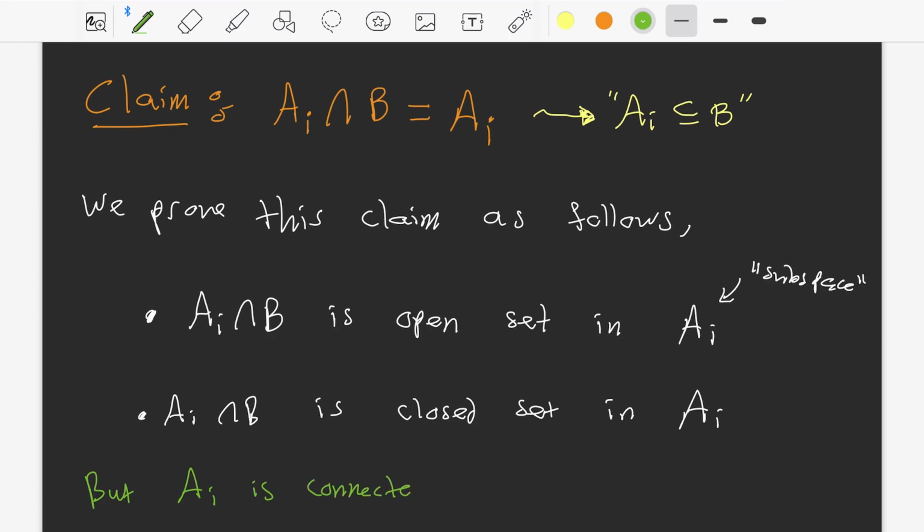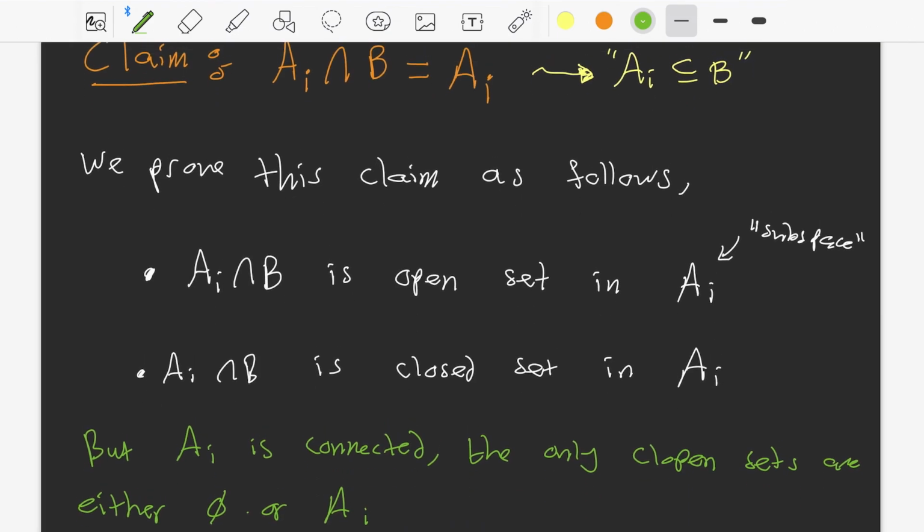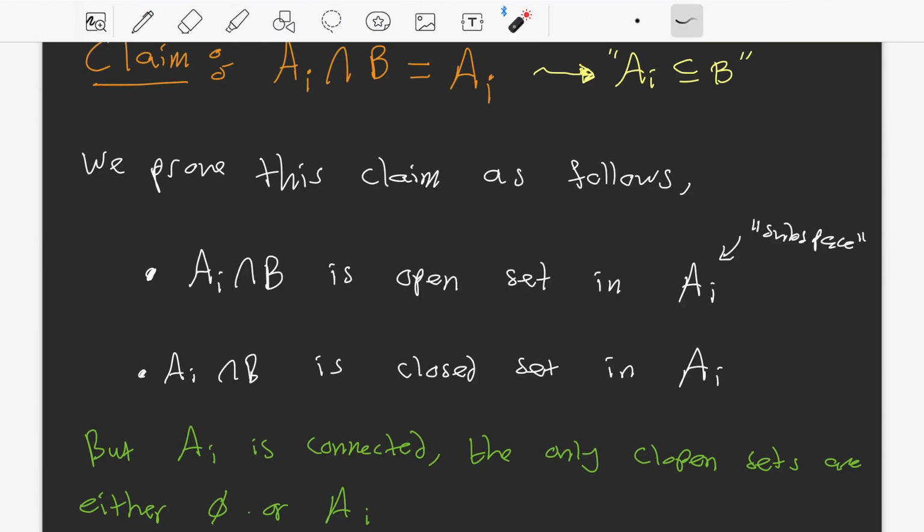So if we have a connected set, the only clopen sets are either empty or A_i itself. Of course, this cannot be empty because x lives there. Remember, x lives in A_i and also x lives in B.